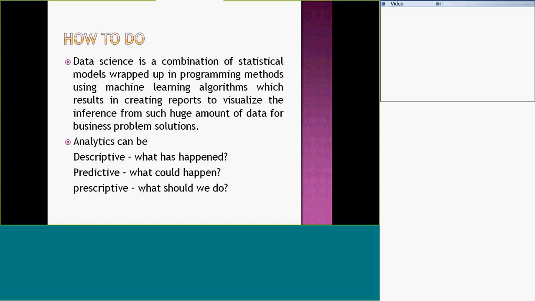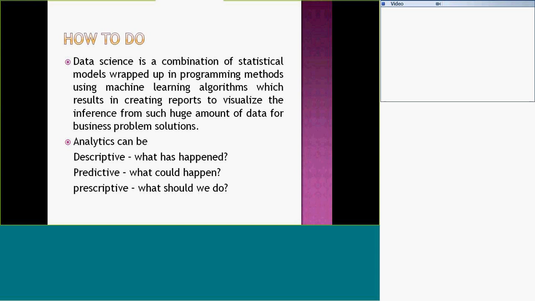Basically, we are applying statistical methods and using programming techniques, whether it is SAS, R or Python. We are using these programming skills to build models and run predictive models and machine learning algorithms as well, so that we can analyze the huge amount of data.